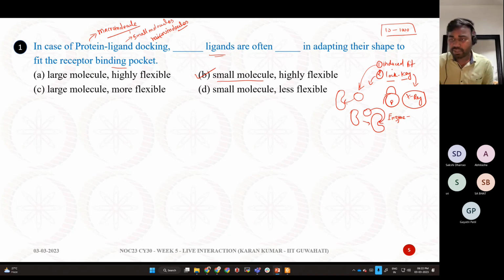So in the induced fit theory, the enzyme was treated as flexible. Its structure was not rigid, as suggested by X-ray crystallography and NMR techniques, which show that enzymes or proteins don't have rigid structures. So the answer here is small molecule, and these are highly flexible.